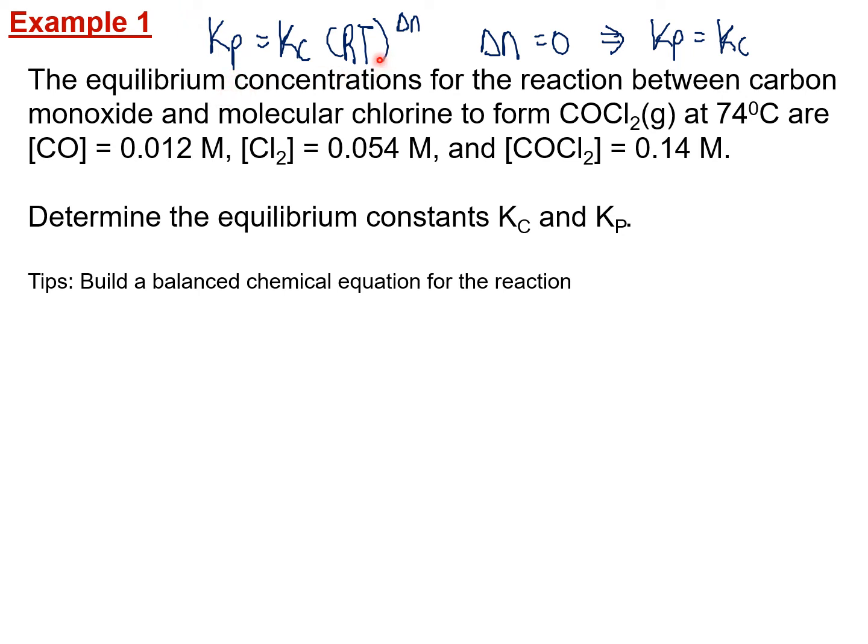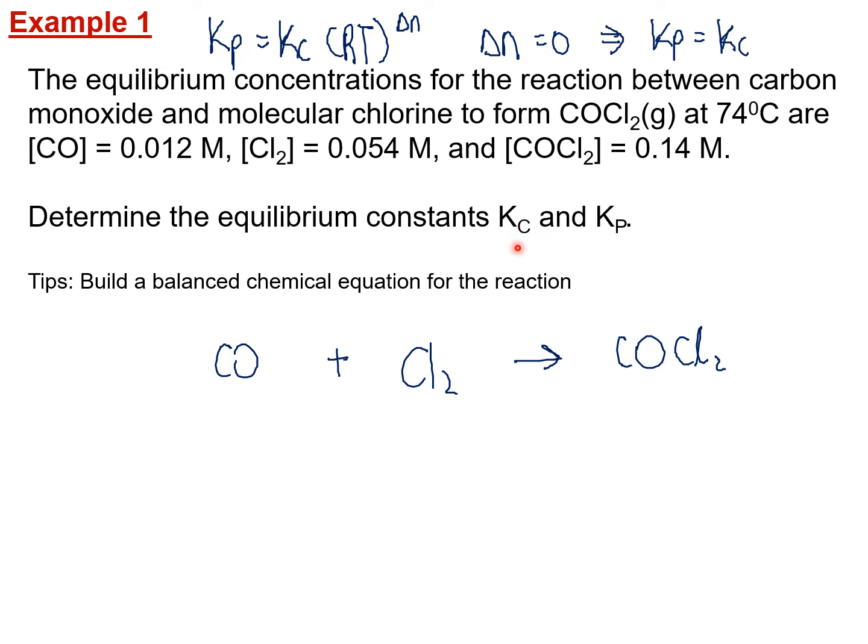Okay. So first thing first, soalan macam ni, dia tak bagi tahu direct tau, dia punya balance chemical equation. So what you need to do is you need to build one. Okay. So first thing first, you buat sketch biasa-biasa je dulu, which in this case dia bagi tahu reaction ni between carbon monoxide. So carbon monoxide is CO, and then molecular chlorine is Cl2, and then dia kata akan dapat produk COCl2, right? Okay, so you must be thinking, oh, this must be the chemical equation, but nope, you have to look here.